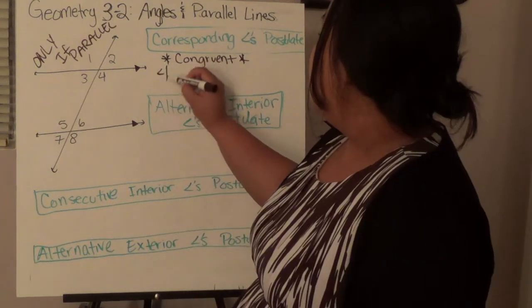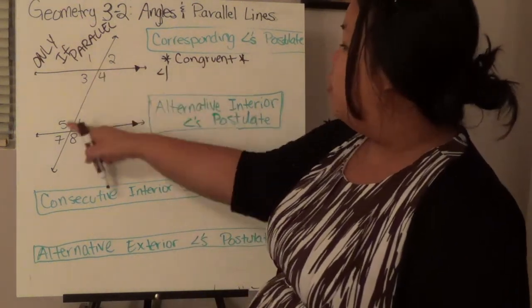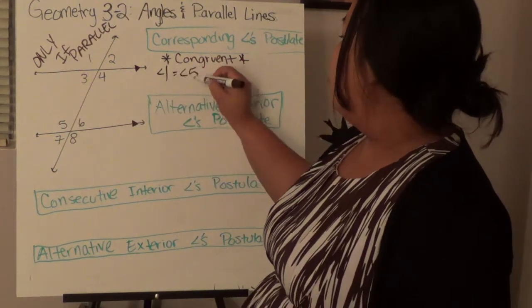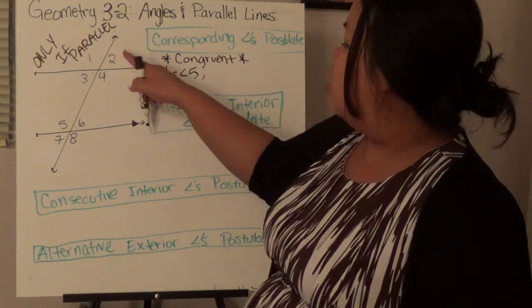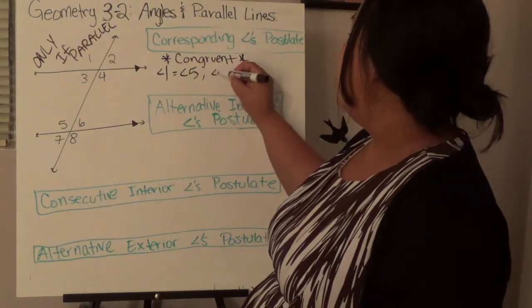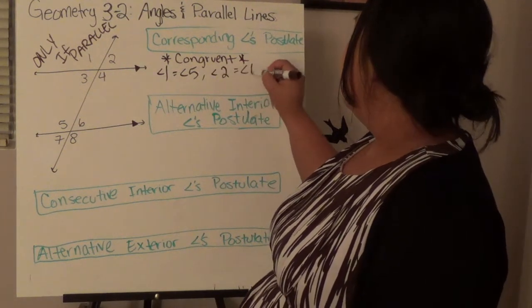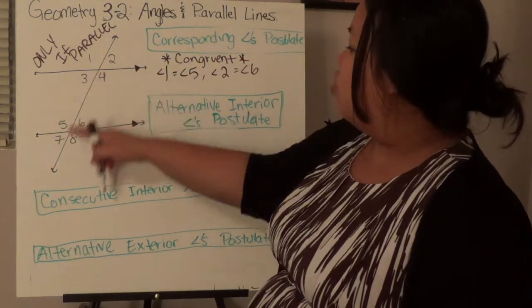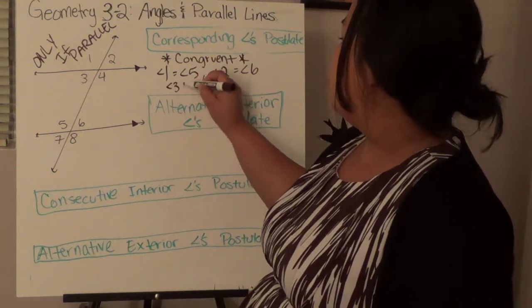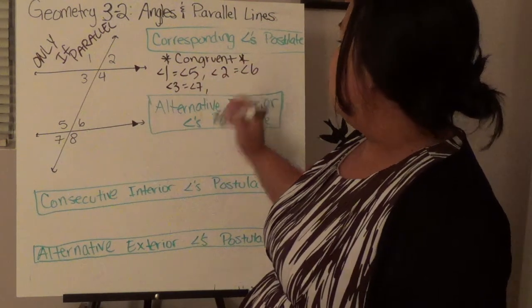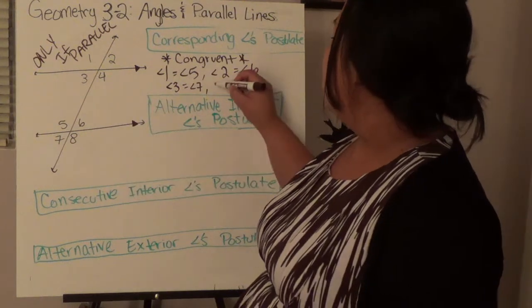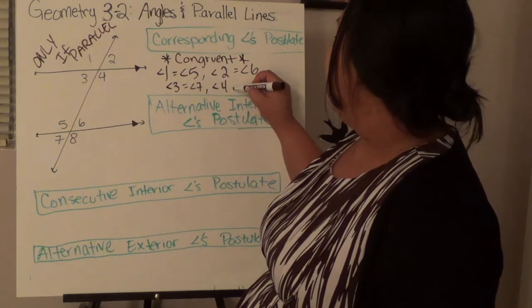So angle 1 equals, this is top left, what? Angle 5, okay? What else? Angle 2 is corresponding with angle 6, so they're now equal. The next one is angle 3 is corresponding to angle 7, so angle 3 equals angle 7. And then angle 4 is corresponding with angle 8.